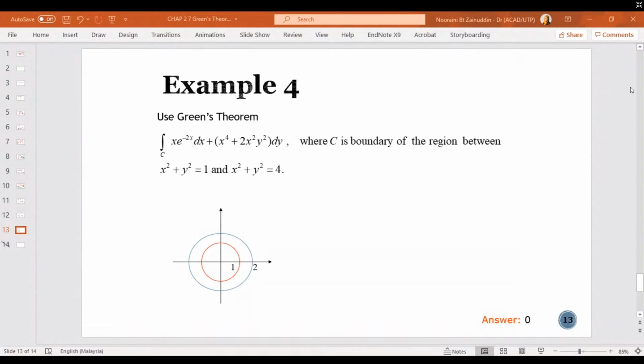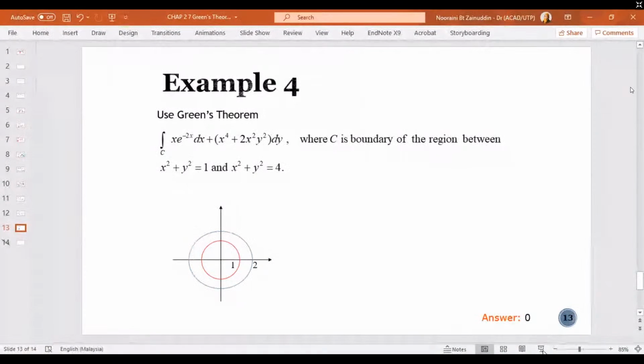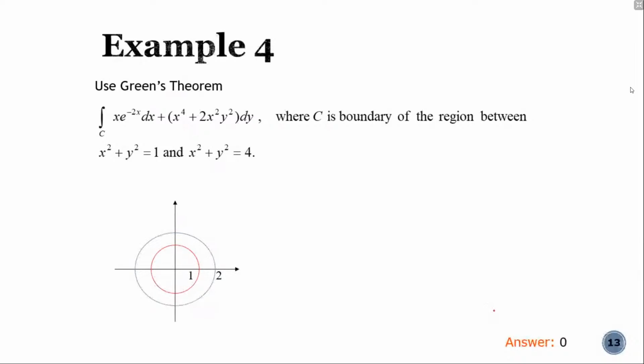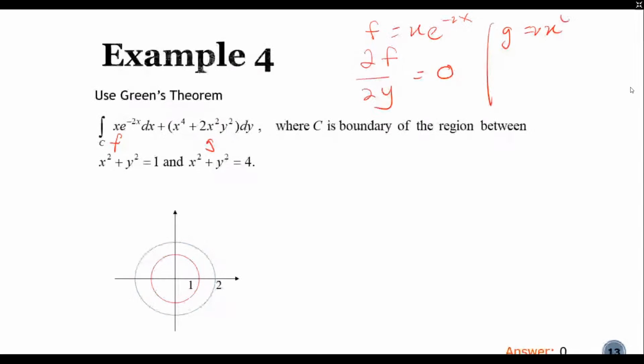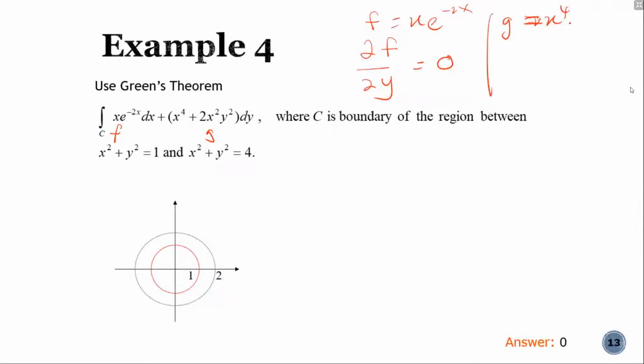Okay, because we don't have enough time, I just show you the answer. So with the dx, you know already, with the dx is your f, and with the dy is our g. F need to differentiate with respect to y. So here our f basically is x e to the negative x, no variable y. Differentiate with respect to y, you should get 0. And your g is x to the 4 plus 2x squared y squared.